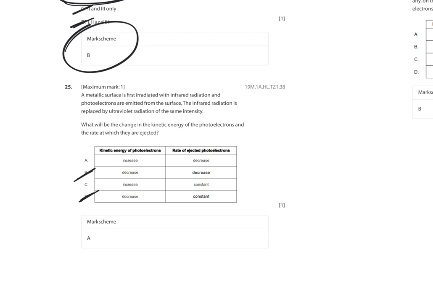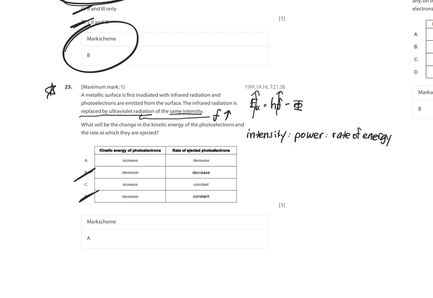But we have to be careful. The intensity is the power, which is the rate of the energy. So the same intensity does not necessarily mean the same number of photons. It means the same number of, say, joules per second or electron volts per second. And so a higher frequency means a higher energy per photon.